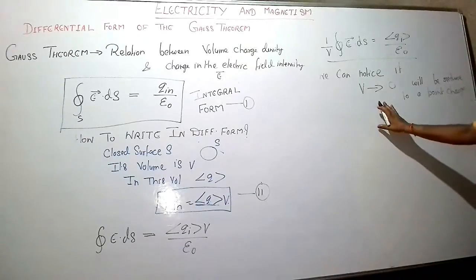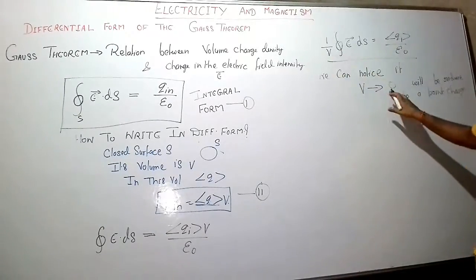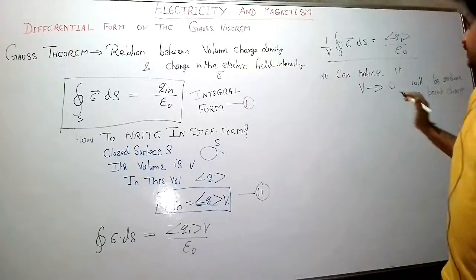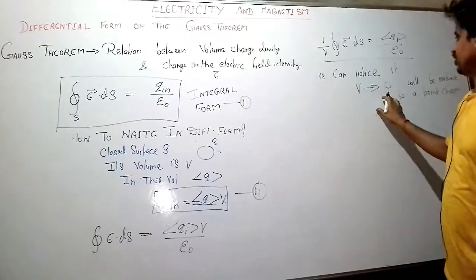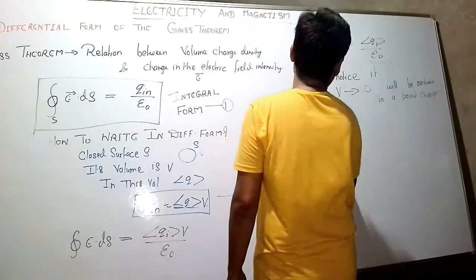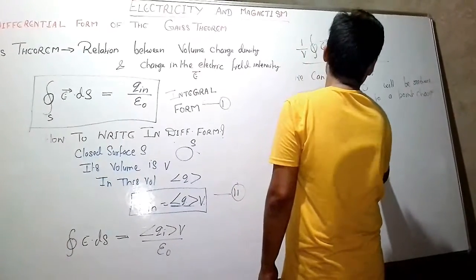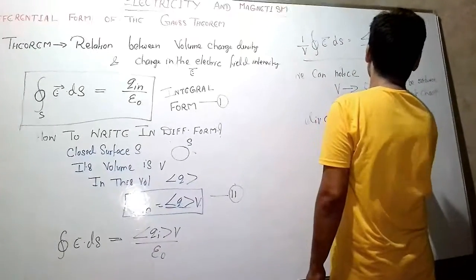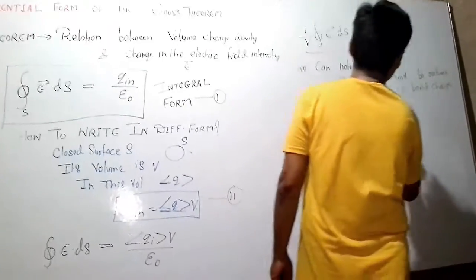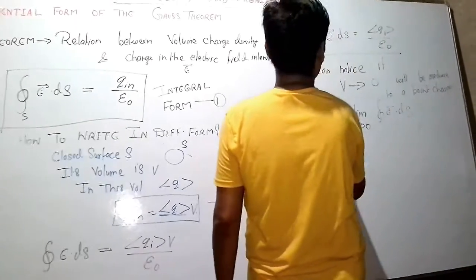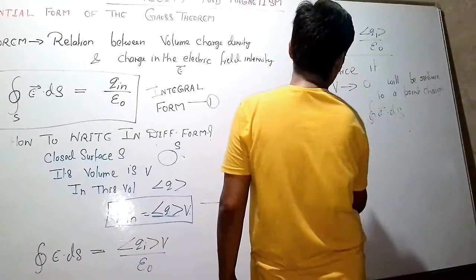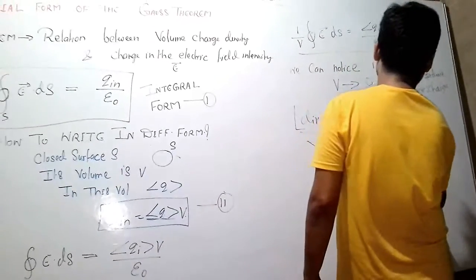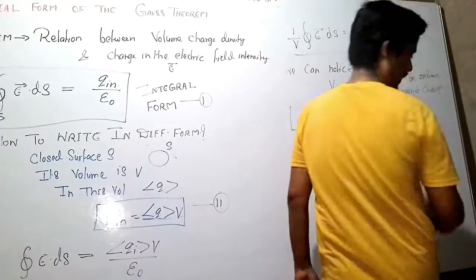By taking the limit V tends to 0, this whole term can be reduced to a point charge, and this limiting process of V tends to 0 is called the divergence of E. It means the divergence of E, or del dot E, is the limit as V tends to 0 of the integral of E dot ds divided by V.